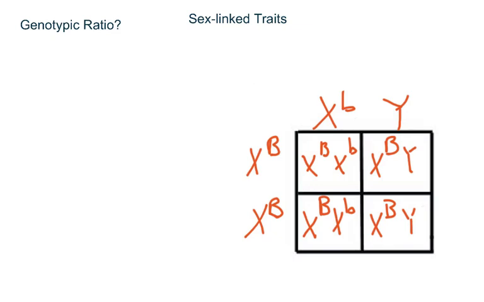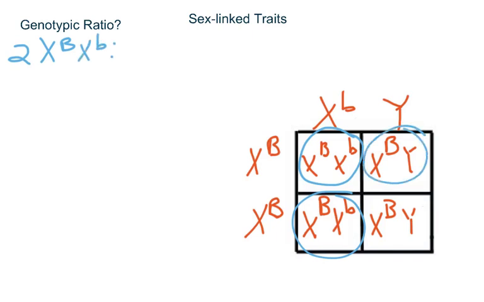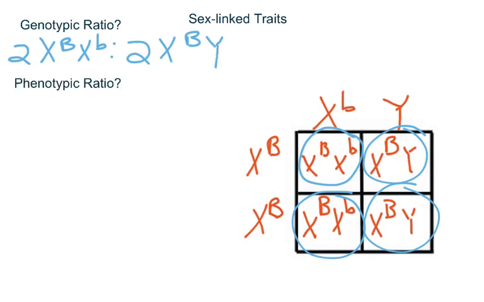All right, for the genotypic ratio, it would be 1, 2 of those, to then 2 of these. All right, phenotypic ratio.